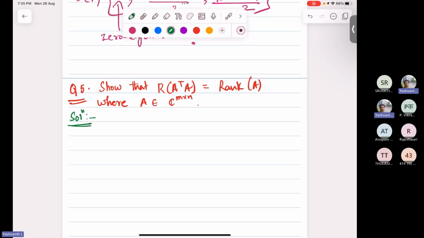Okay, so it's going to be a little non-trivial proof, in the sense, unless I tell you that this is a solution, you will not be able to really see it.